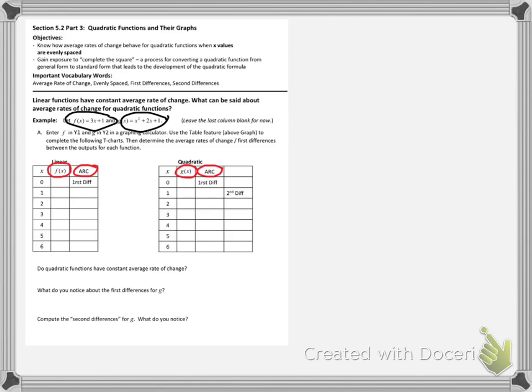And to get the second column, you are finding the difference between those two y values and those two y values. Make sense? And then we'll do that last column together. Sweet, thank you.